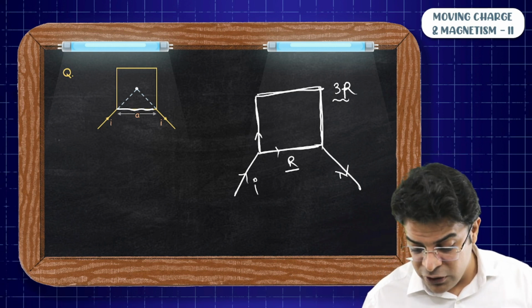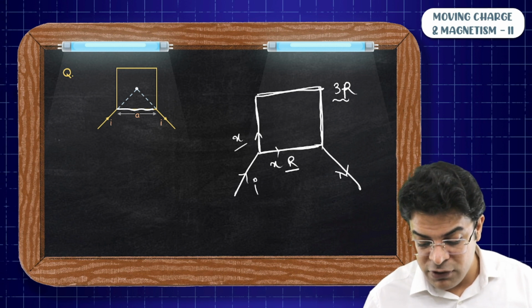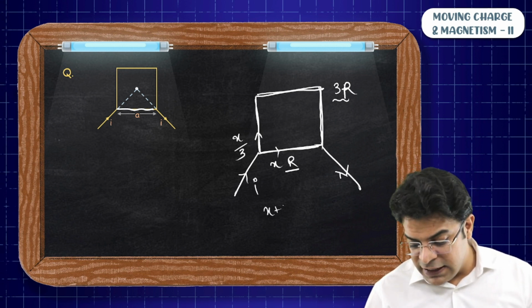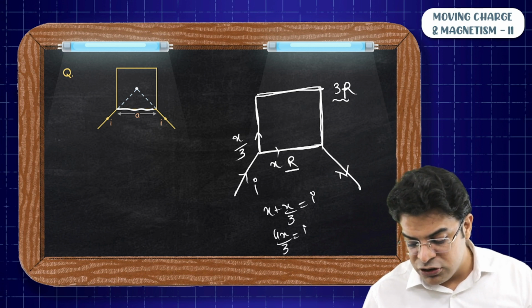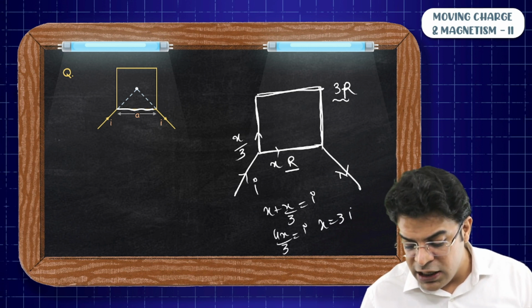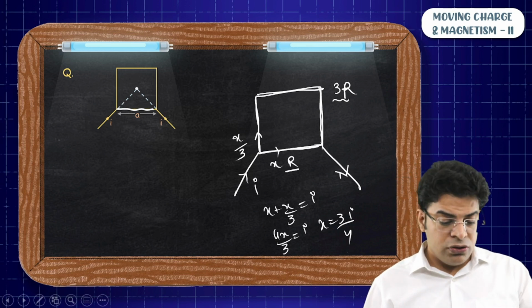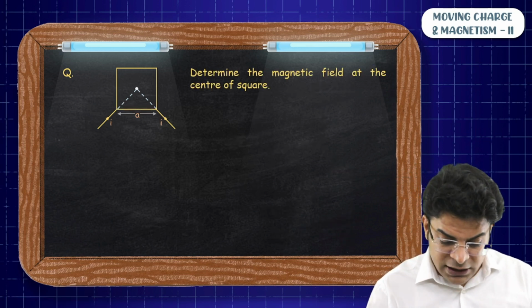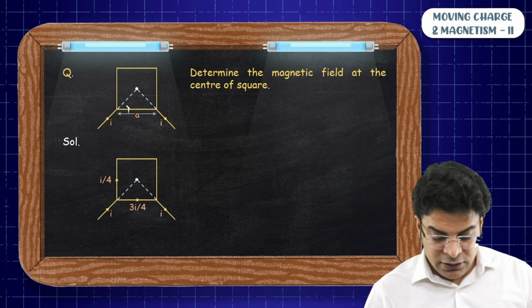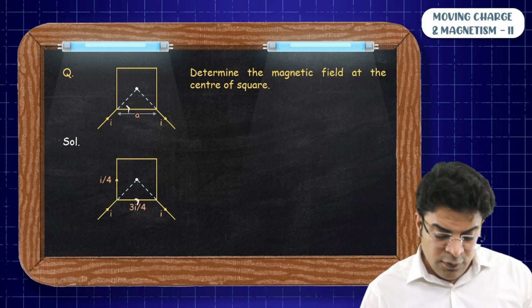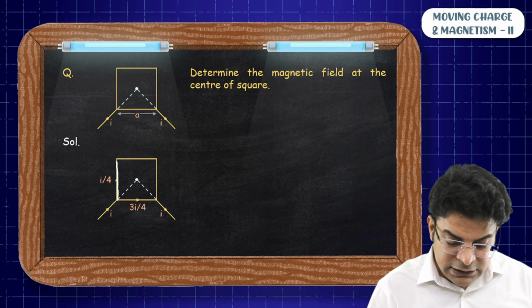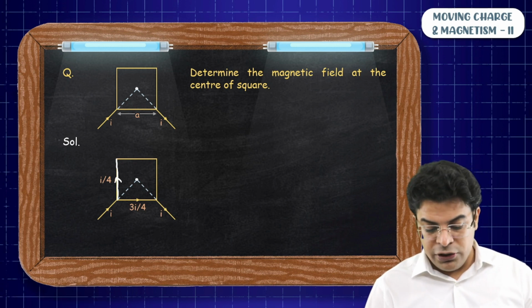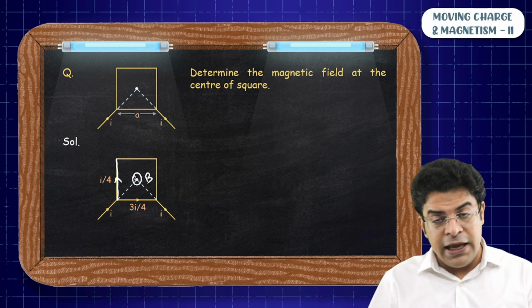So if the current going here is X, the current going there will be X by 3, and X plus X by 3 has to be equal to I, so 4X by 3 equals I, so X equals 3I by 4. So the current flowing through this arm will be 3I by 4 and the current flowing through the other arm will be I by 4.